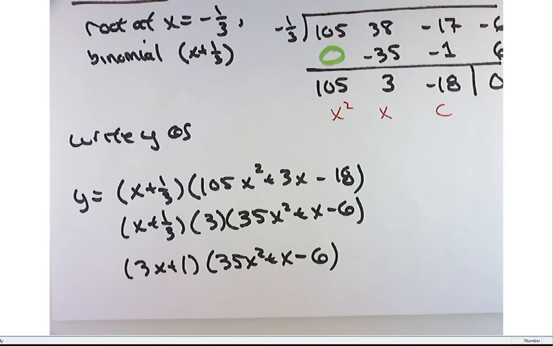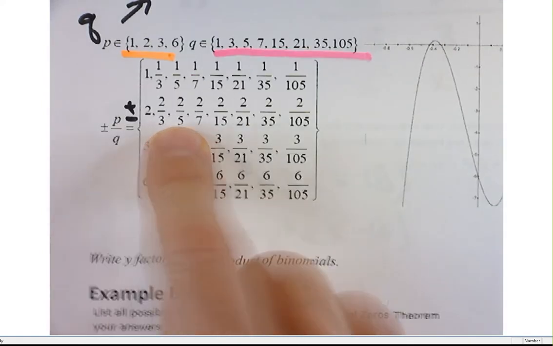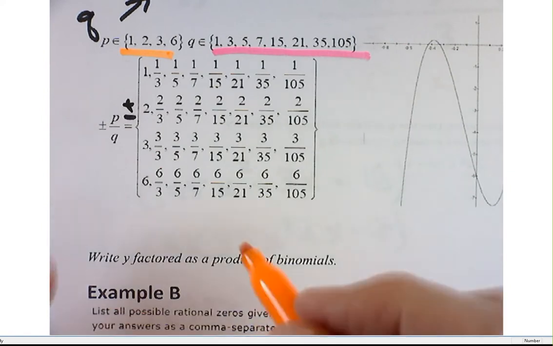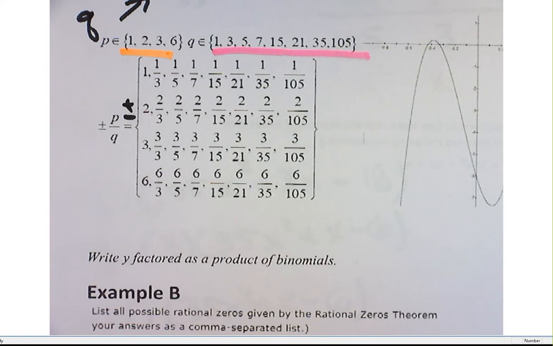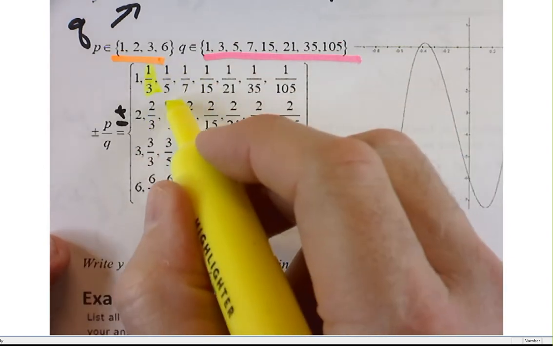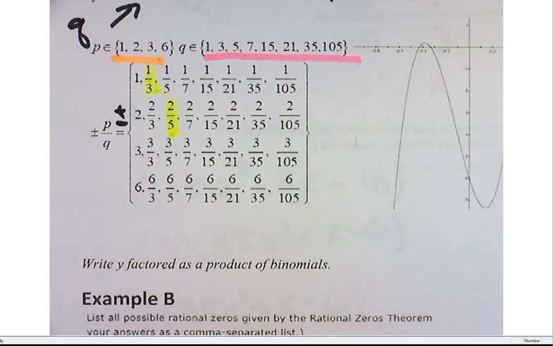Let's check on our handout that 2/5 was one of the possibilities, and it is. So far we've got a root at negative 1/3. That's one of our possibilities, and another one at 2/5. Keep in mind, these are just possibilities. They're not guaranteed to be a root, but we'll check it out.